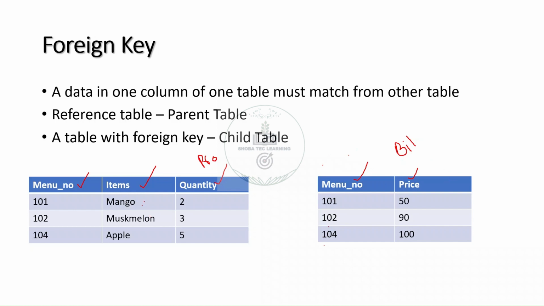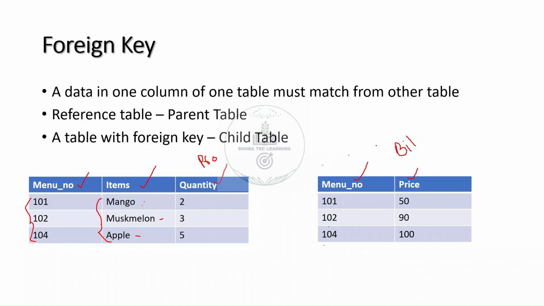Now you have purchased three items: mango, muskmelon and apple. Based on that menu number, only three items you have purchased, and this is the quantity you purchased.